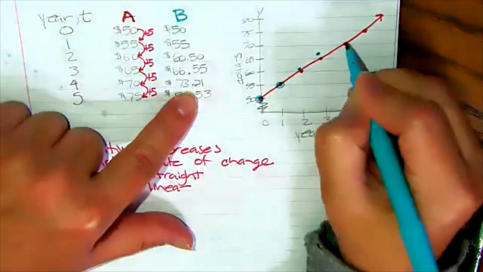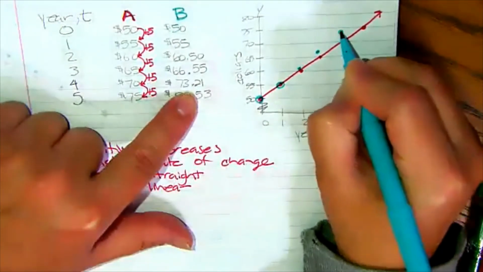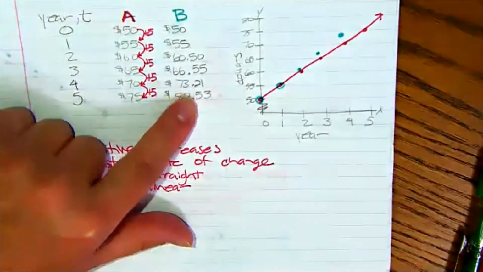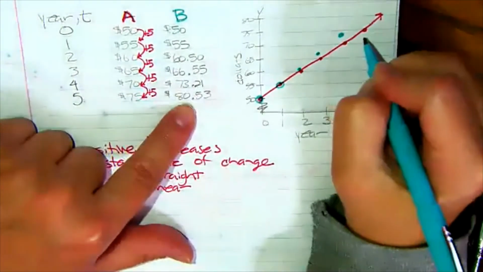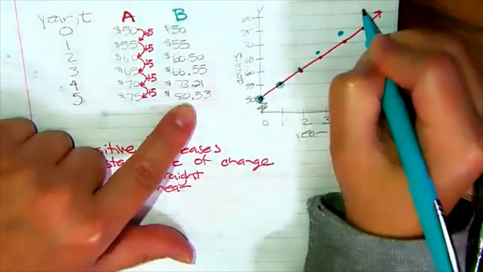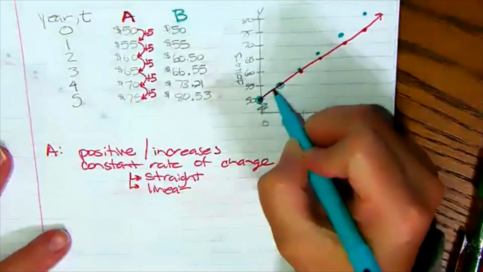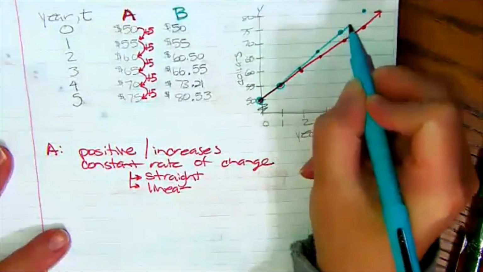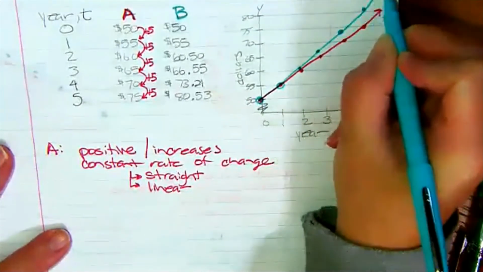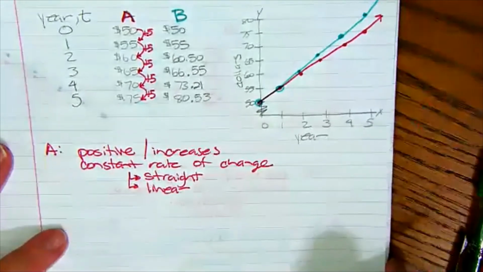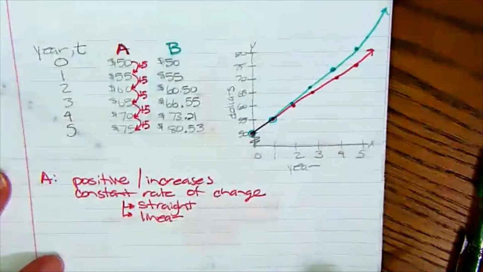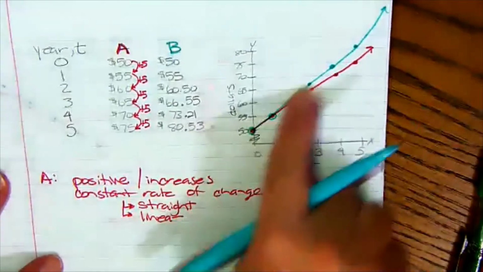After 4 years, we've got $73.21. And after 5 years, we have more than $80. So to look at this, it is a curved graph. It doesn't look linear. It doesn't look like a straight line.